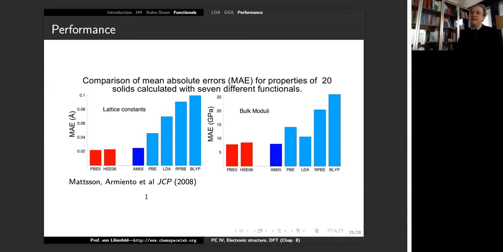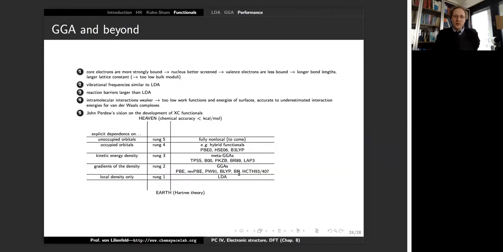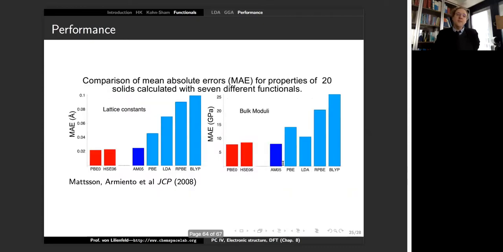Now, BLYP is a little bit more empirical, and it was fitted on individual free atoms, and it works better for molecules than for solids. And so this is reflected in this figure. What you also see is that if you go from this PBE to PBE0, which is a hybrid functional, then you see a clear improvement in the lattice constant of these solids.